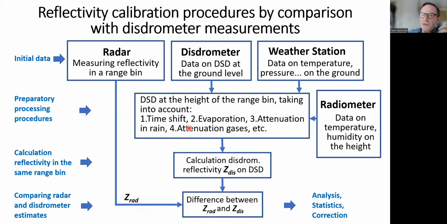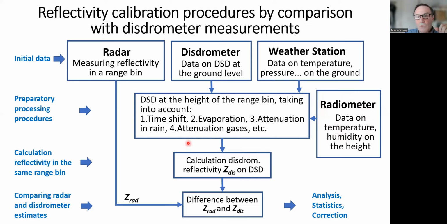During this time, there can be evaporation of droplets while falling down. We should take into account attenuation in rain, and we should take into account attenuation in gases and other things. And this can be done by using additional data from weather stations, which measure temperature, humidity, and pressure at ground level, and the radiometer, which gives us the possibility to estimate such data at height.